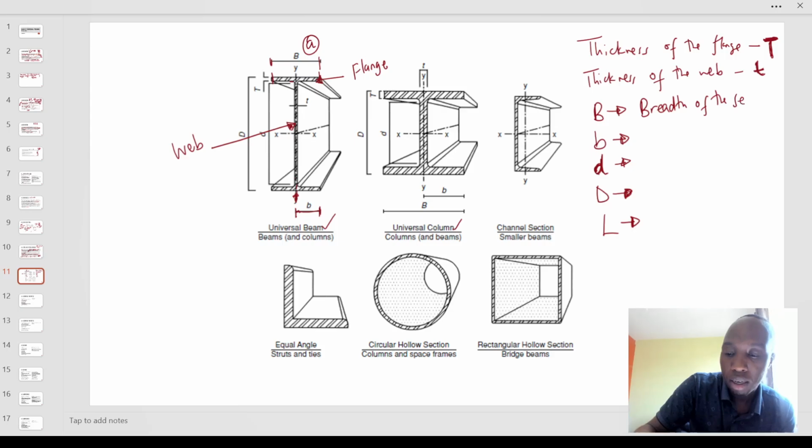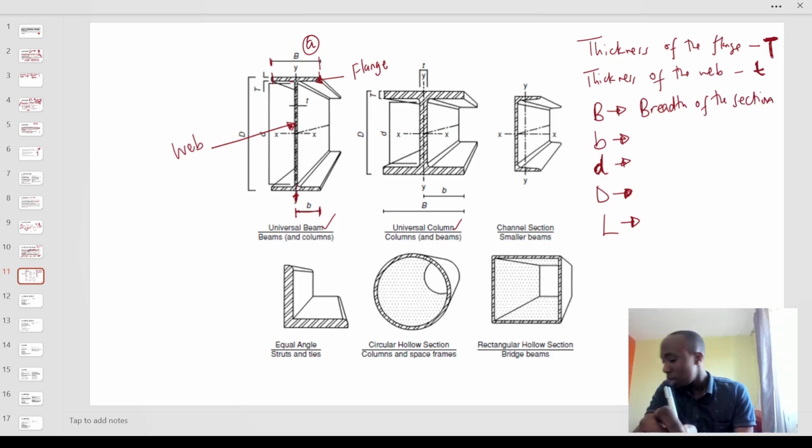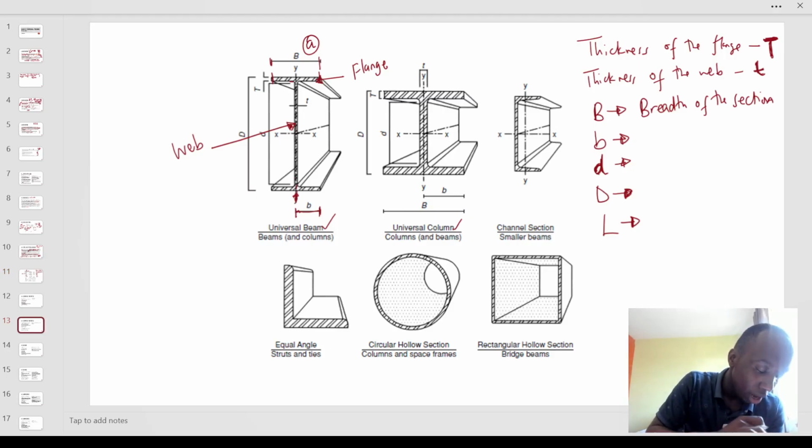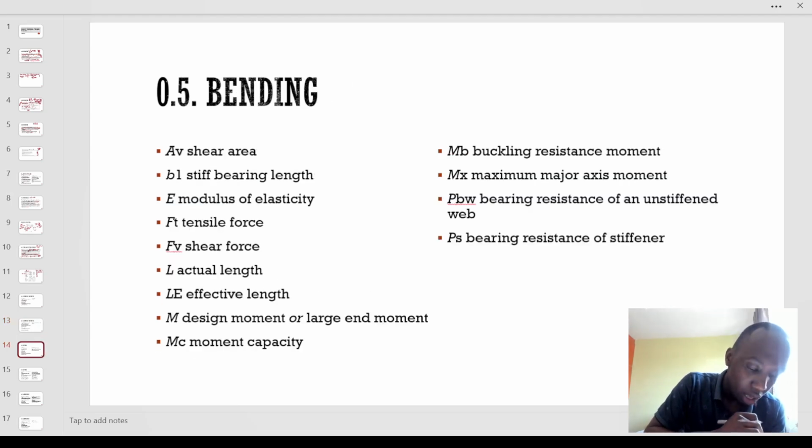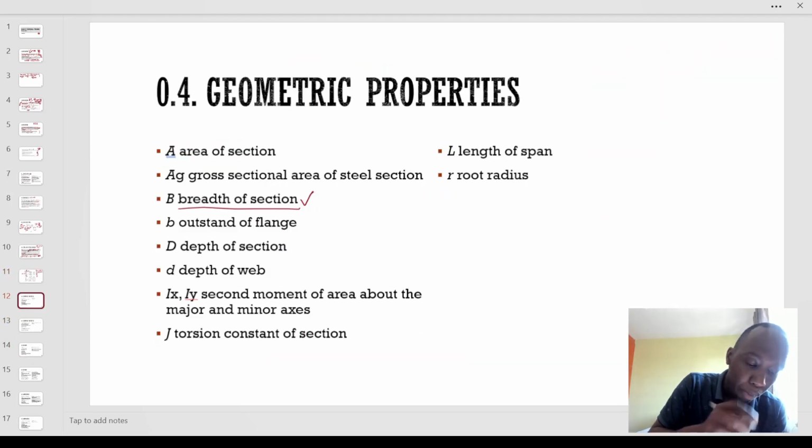You can draw that one if you can. Small b is the outstand of flange.